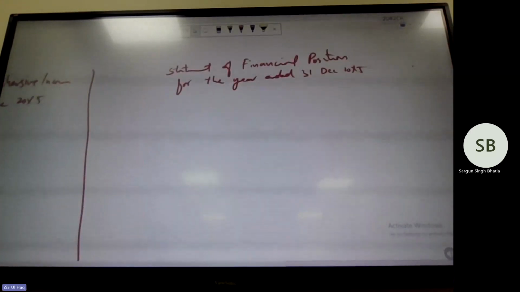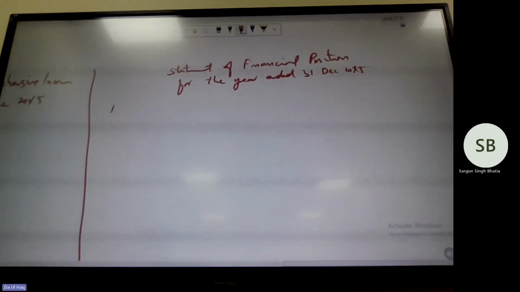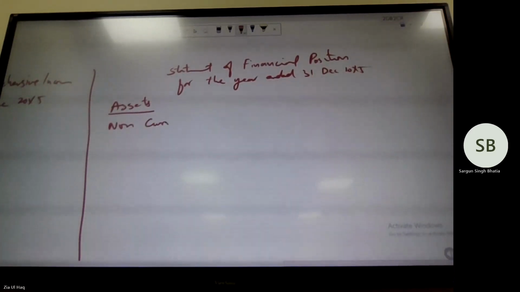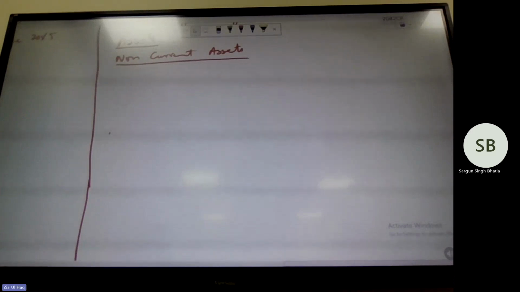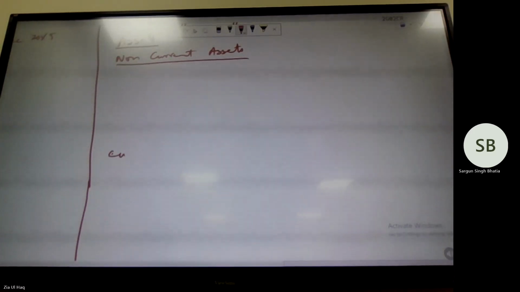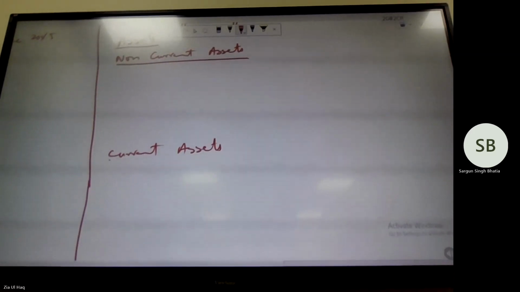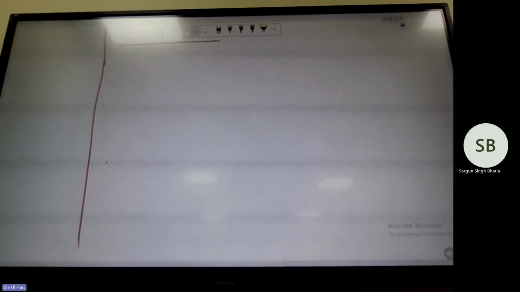And in the balance sheet, we know first we need to record the assets, non-current assets, then we need to record the current assets, then there will be total, and then we put the heading equity and liabilities.